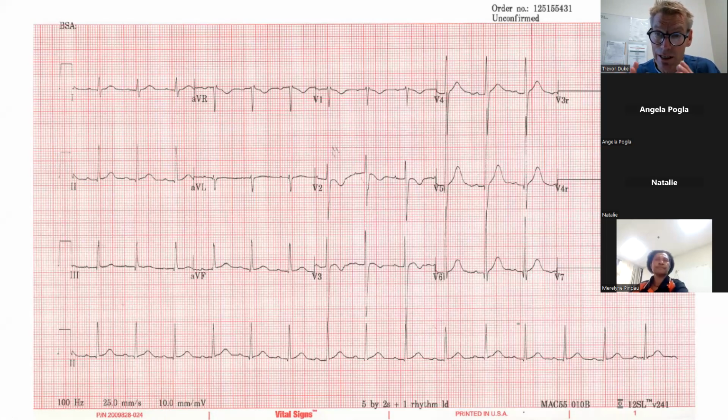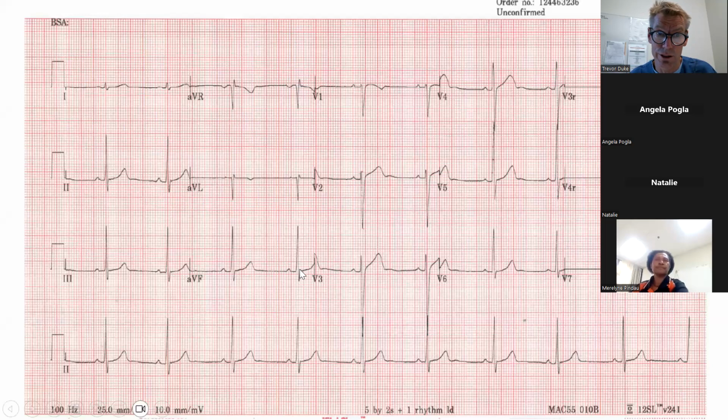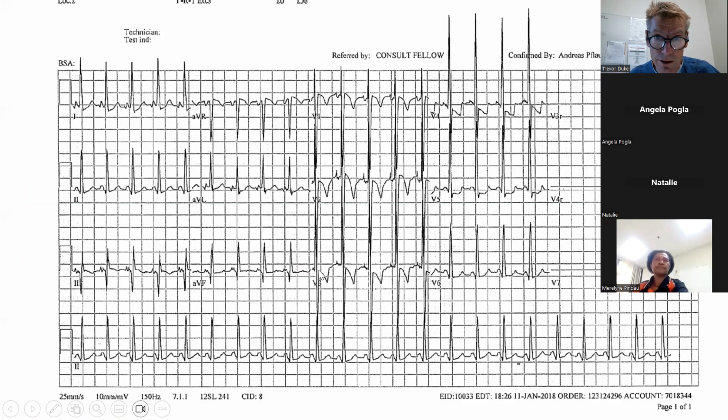Like if you've got a left to right shunt where there's more pressure on the left ventricle, if you've got aortic stenosis, which causes hypertrophy of the ventricle behind it, or if there's systemic hypertension that leads to a hypertrophied ventricle. Lots of reasons, and you can't tell from the ECG which one it is. What you can do though is tell which part of the heart there seems to be a problem in, right? And that's really the way you look at ECGs.